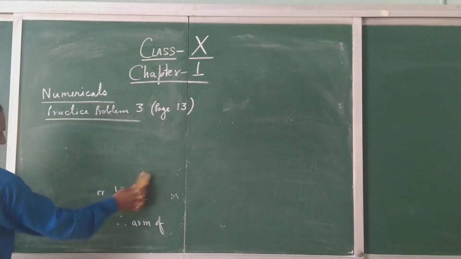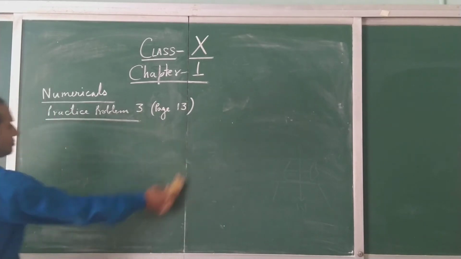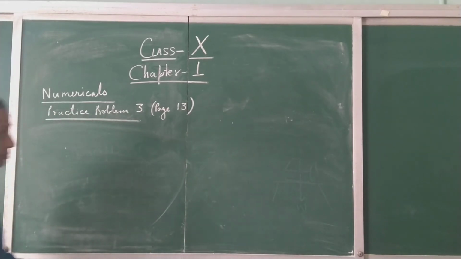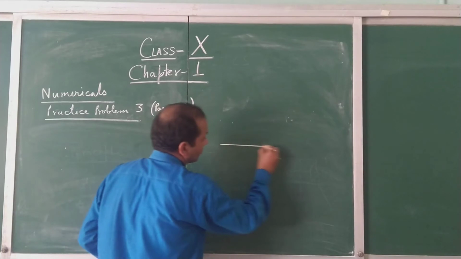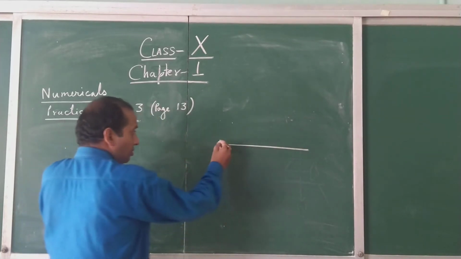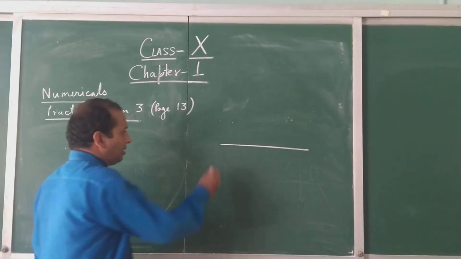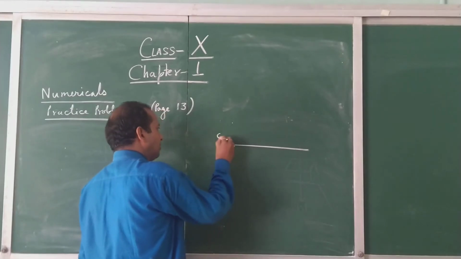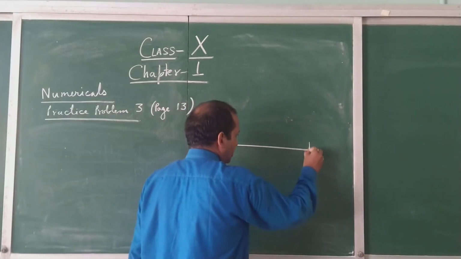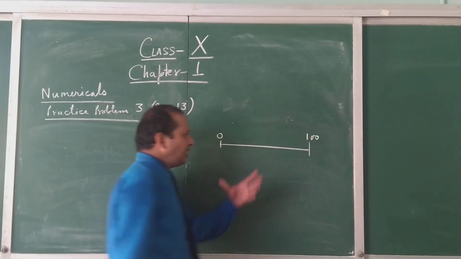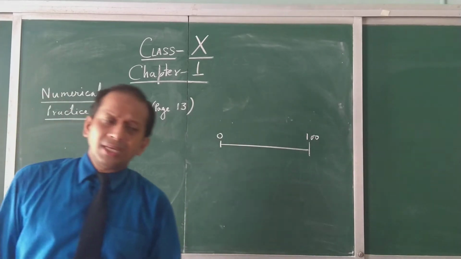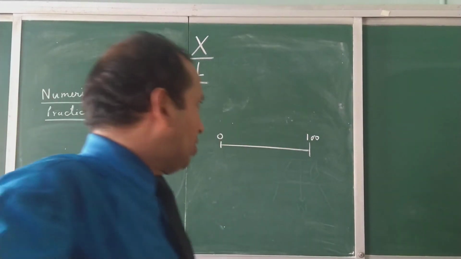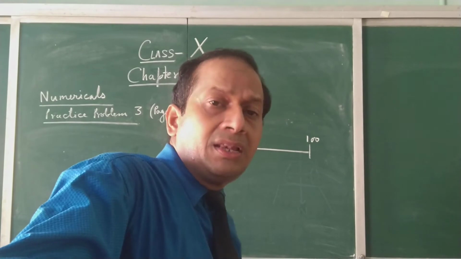See, uniform meter scale. One side I will mark 0 and the other side 100. Children, why am I saying it every time, uniform meter scale?